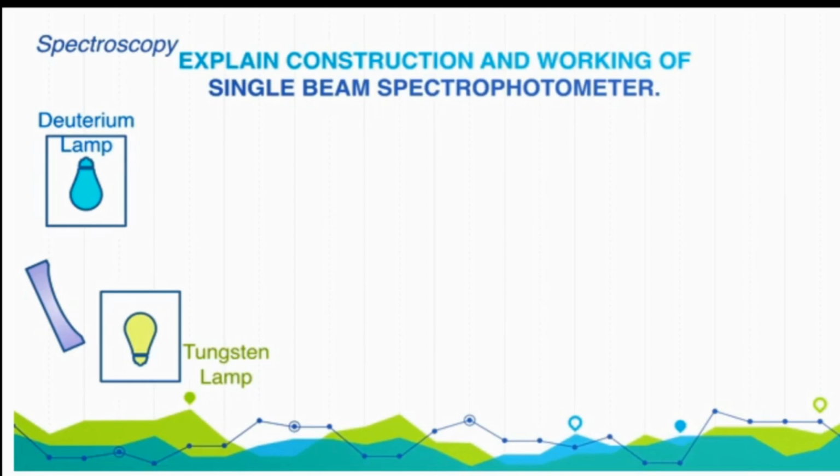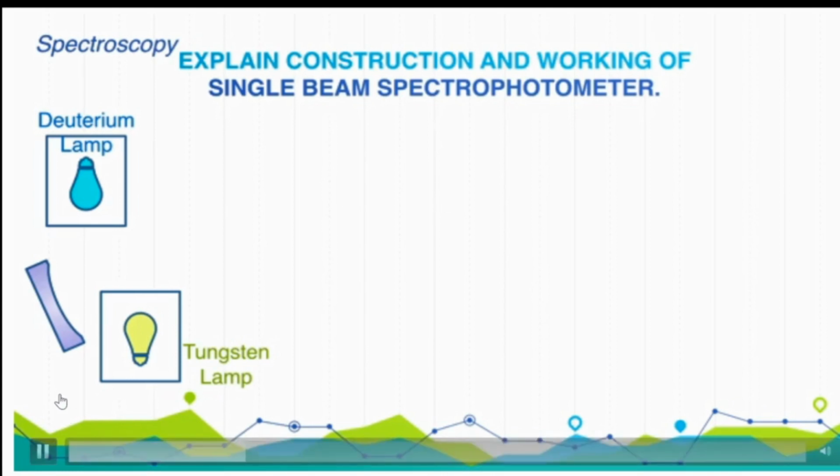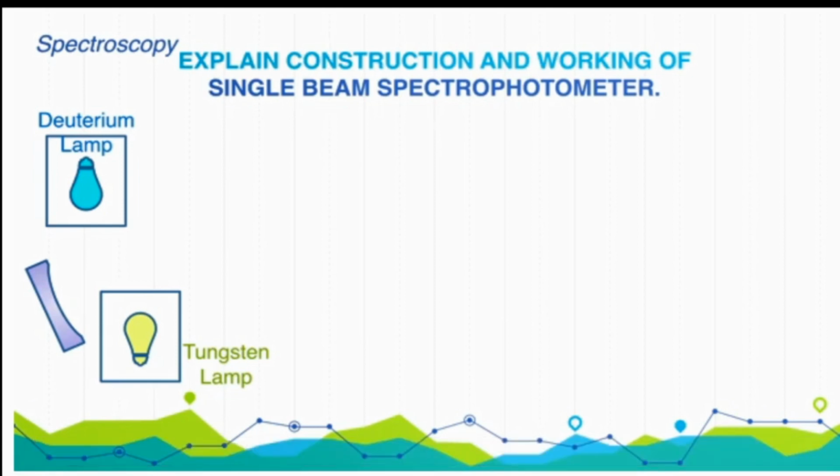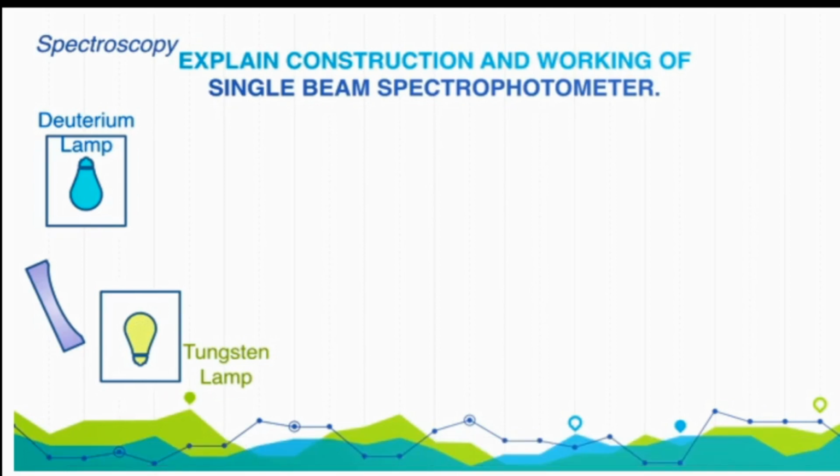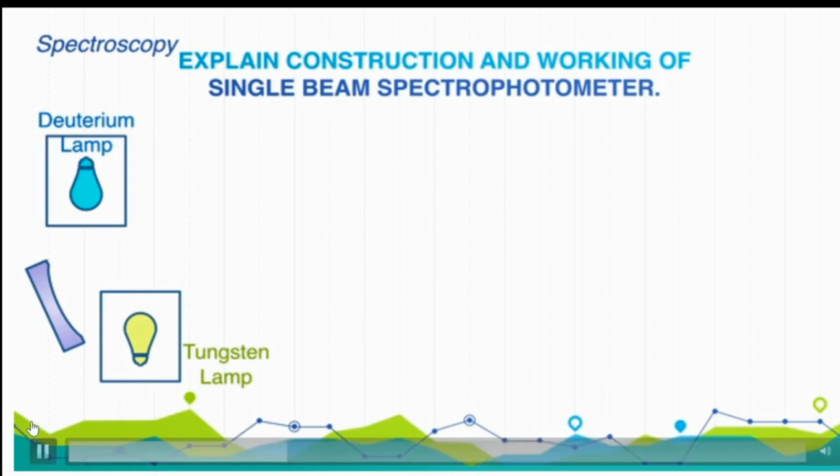Visible radiation can be obtained by an incandescent lamp with a tungsten filament, and IR radiation can be obtained by heating Nernst glower at a temperature of 1500 to 2000 degrees Celsius. Nernst glower is a metallic oxide of yttrium, erbium and zirconium. IR radiation can also be obtained by heating a glow bar, which is silicon carbide or carborundum, at a temperature of 1300 to 1700 degrees Celsius.